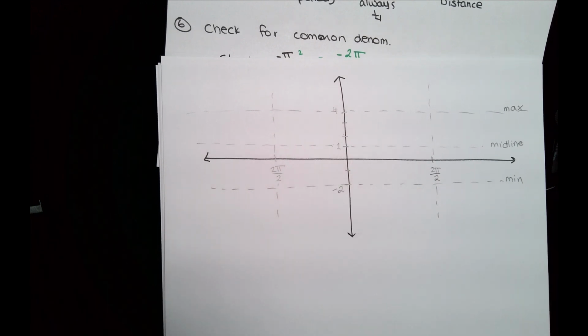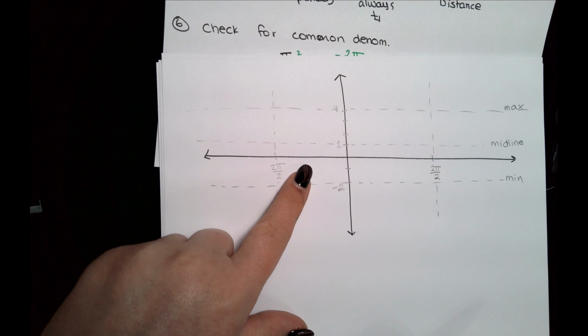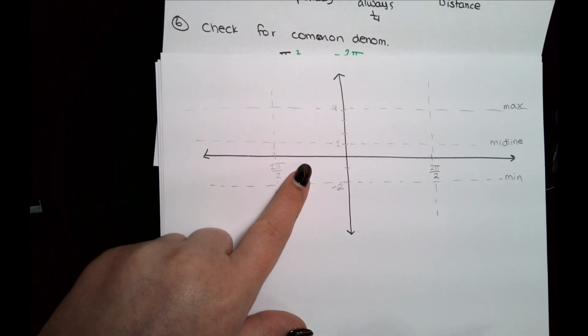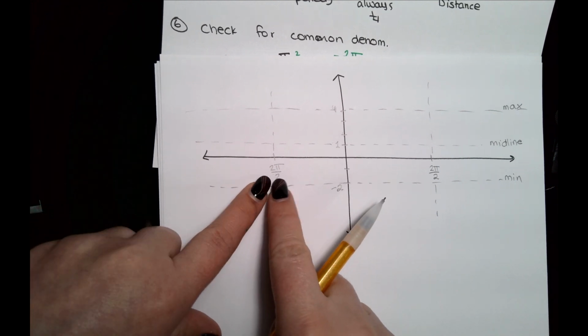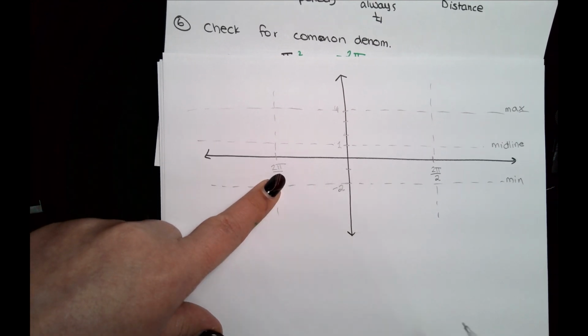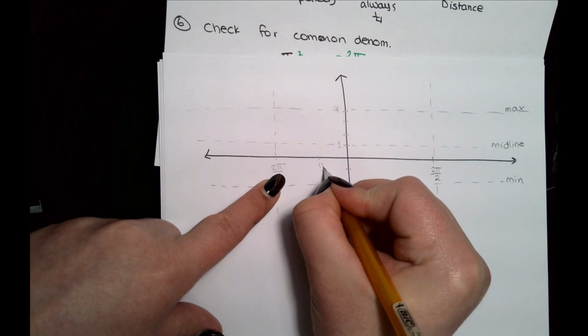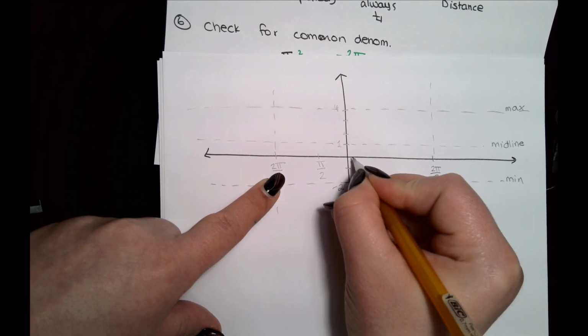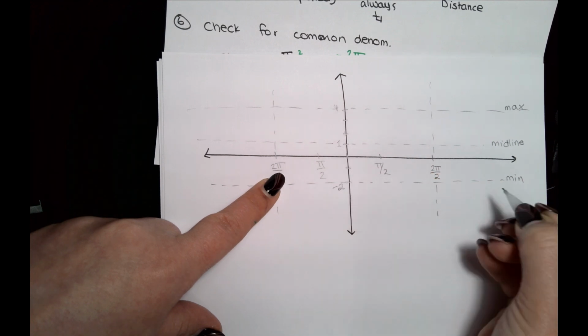Next, we're going to use our distance. Our distance is at, let me make sure I'm looking at the correct example, pi halves. So we're here. And we're adding. If we have the same common denominator, you don't have to worry about the denominator. Just look at the numerator and add, subtract. So if I'm at negative 2, I'm going to have negative 1, 0, 1.